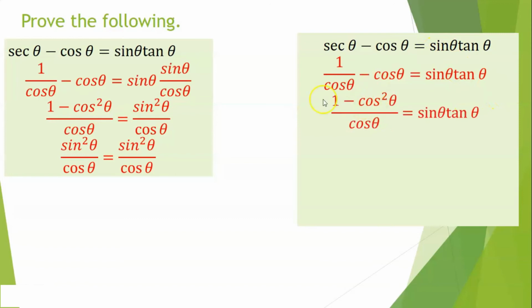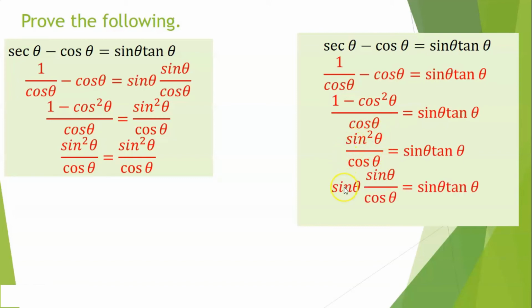So simplifying, the same thing here. We will end up with sine squared theta over cosine theta. Now in this case, you factor out sine. So this is sine over cosine, in which by quotient identity, sine over cosine is tangent theta, which is exactly the same as the other side.